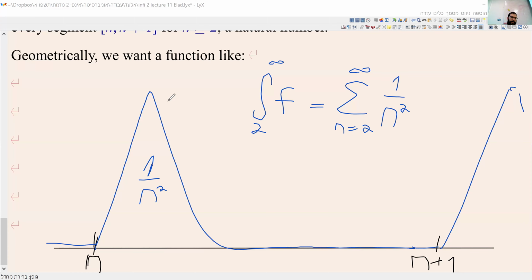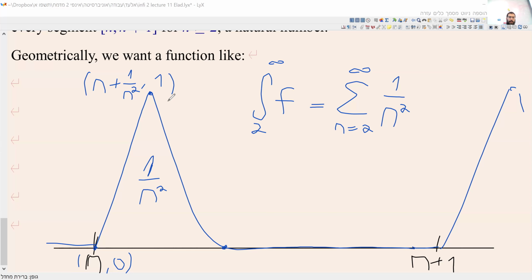So thank you for the reassurement. So this point is n and 0. Here, let's say we look at n plus 1 above n squared, and the height is 1.